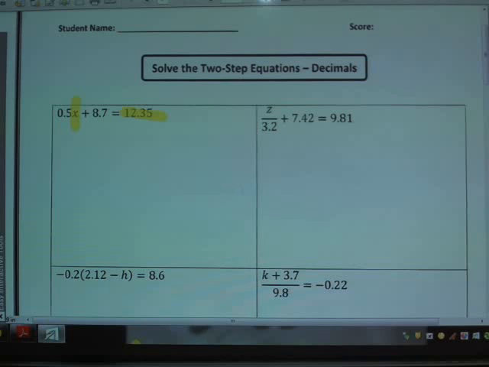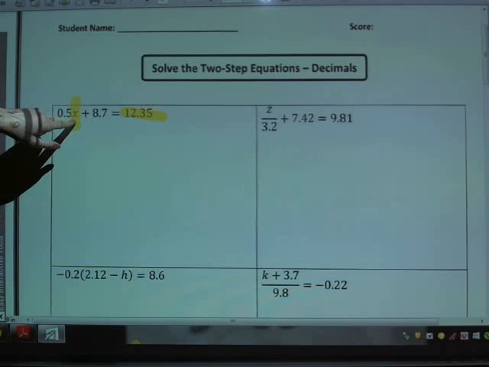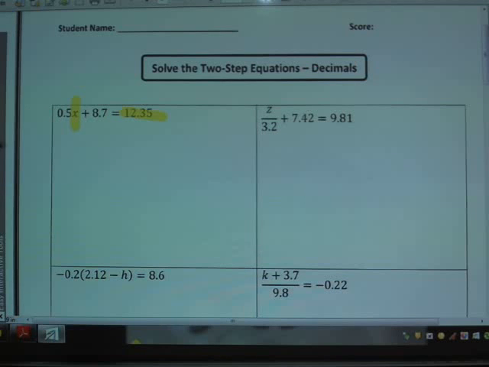Now remember, when you do a two-step, or if you simplify something and it's a multi-step equation, the thing that's directly connected to the variable will always move last. So this half, because it's attached to the x, is going to be the last thing I'm going to move in solving this question, which means the 8.7 is going to be the first thing I move. Well, since I'm moving it to the opposite side of the equal sign, I'm going to do the opposite.